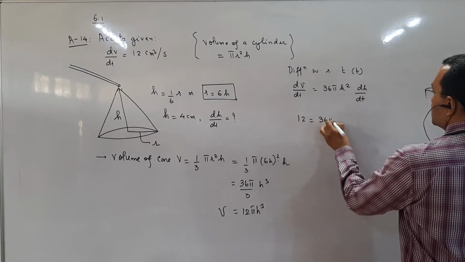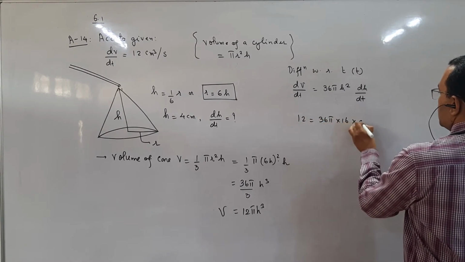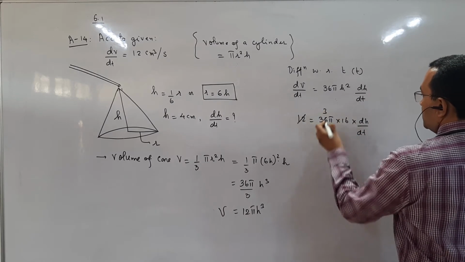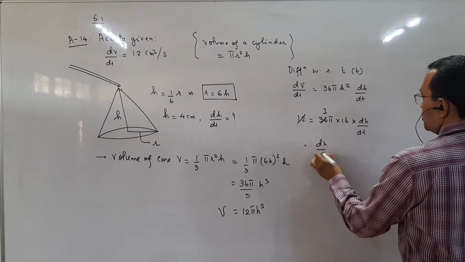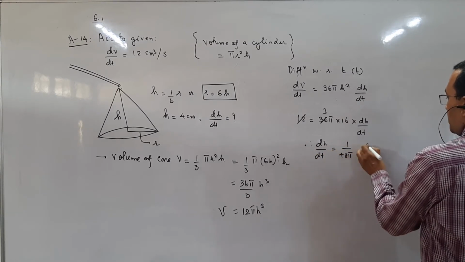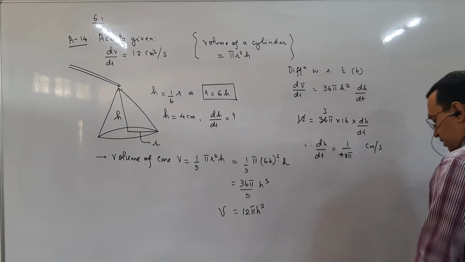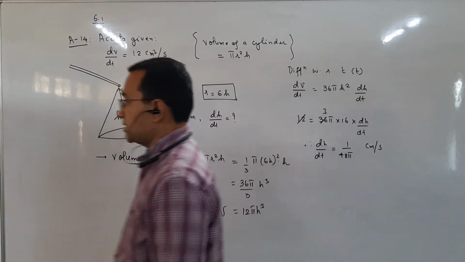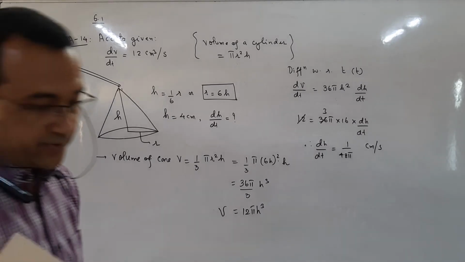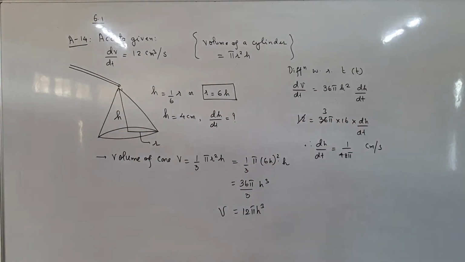This is 36 pi h square, which is 16, into dh by dt. So dh by dt is 1/48 pi centimeter per second. Very less, but it is increasing. 1/48 pi, so this number is definitely less. But then also students, the height of the cone is increasing at this particular rate.